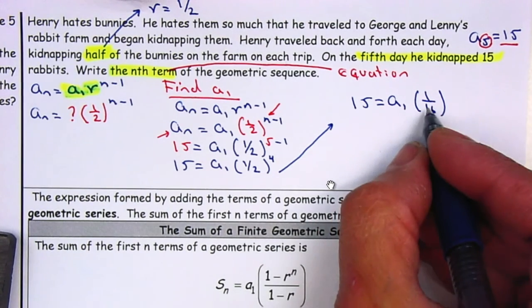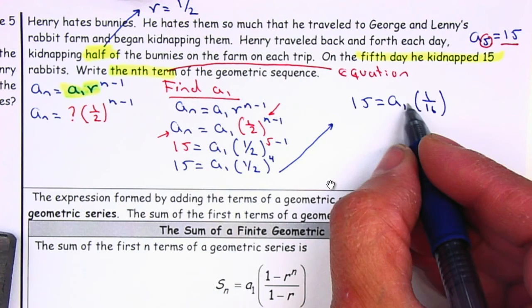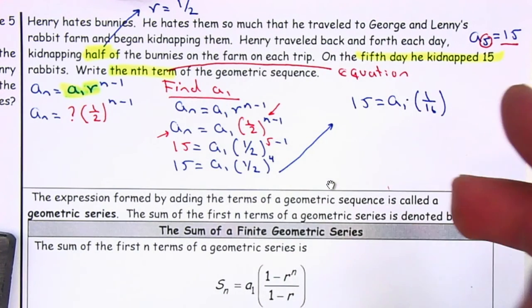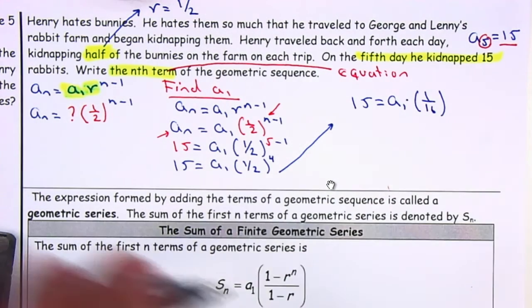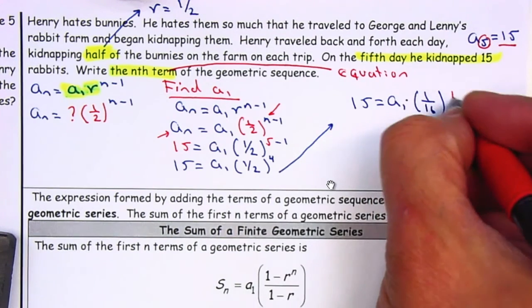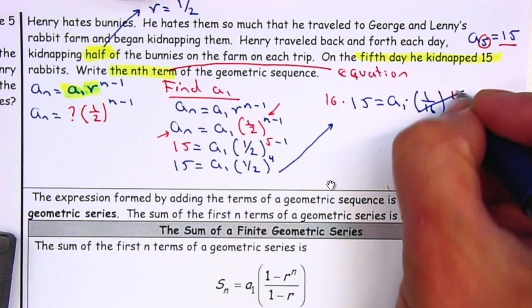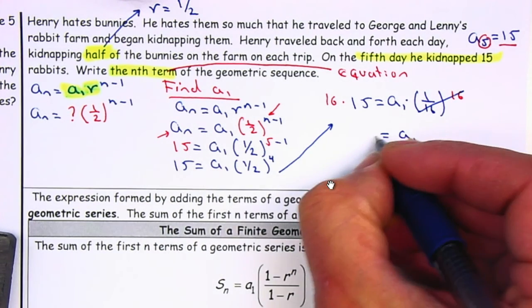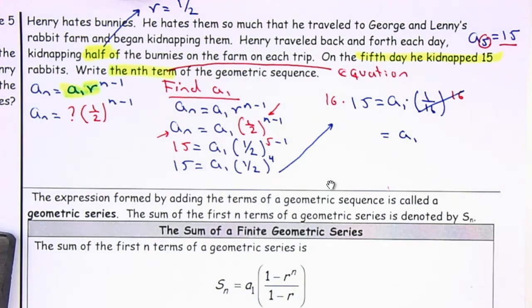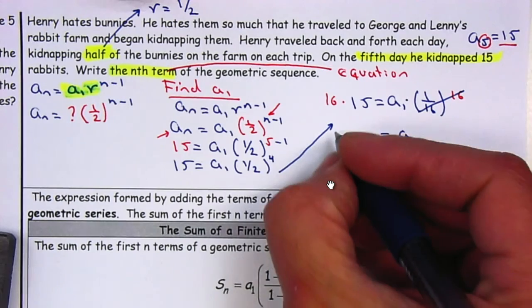Now to get rid of it, it's multiplying, so I can multiply by the reciprocal to get rid of the 1/16 to solve for a sub 1, or I can just multiply by 16 on both sides. That will cancel, so we have a sub 1 is equal to 16 times 15, just multiply on the side, and that'll give you 240.